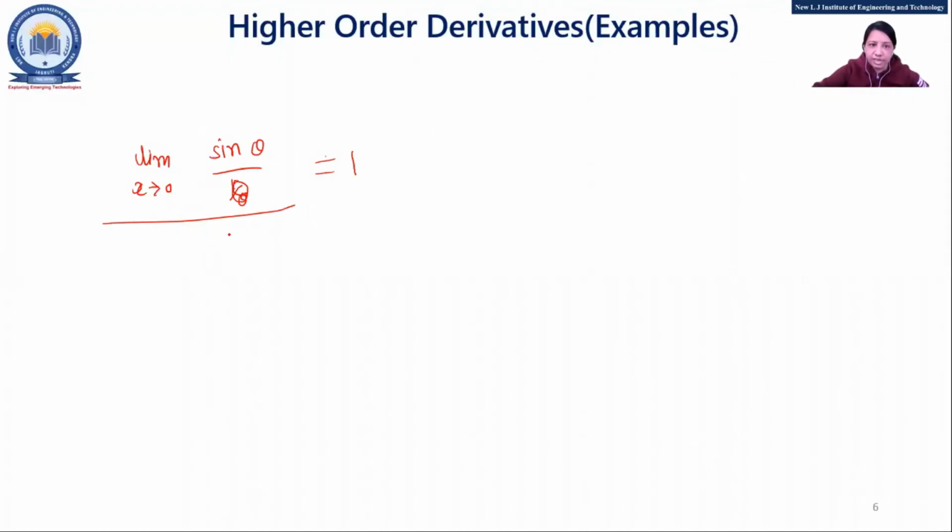You will find in many reference books, when you have limit x tends to 0, suppose another one, sine 1 by x upon 1 by x. Whatever angle is there in the sine, if that same angle is in the denominator, you always have to take it as 1. Yes, Devanshi?